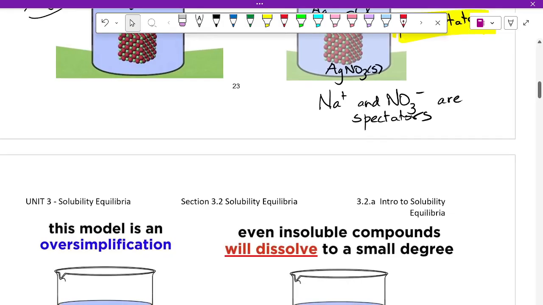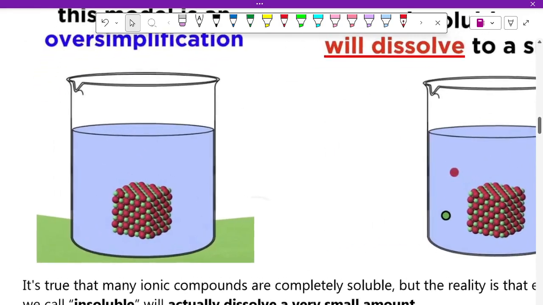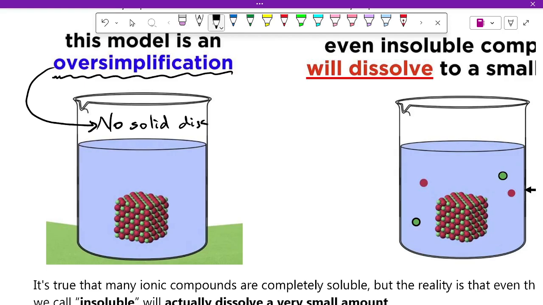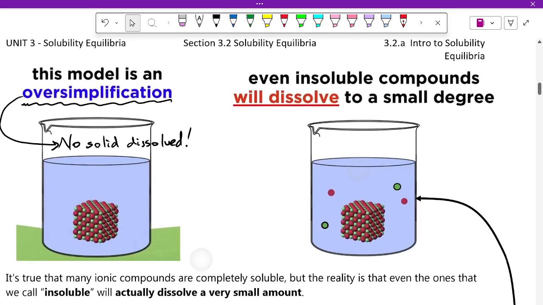This model is an oversimplification. Okay? The oversimplification is that no solid is dissolved. But in reality, even insoluble compounds will dissolve to a small degree.